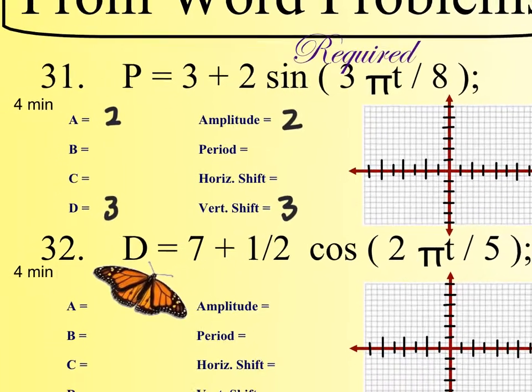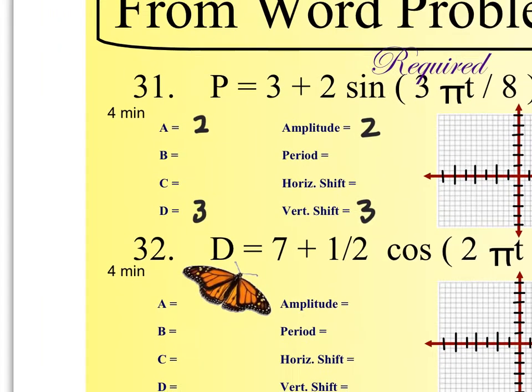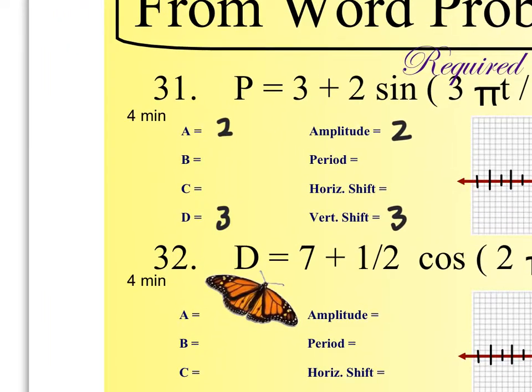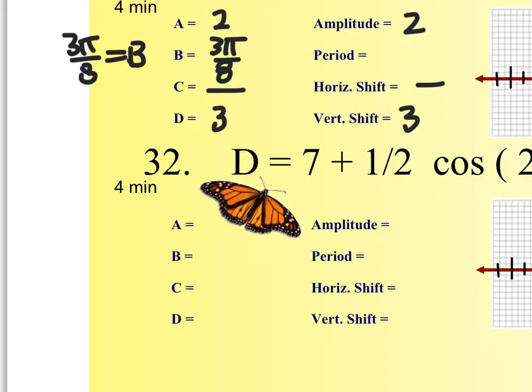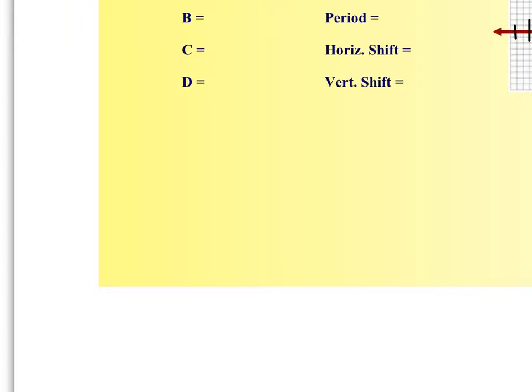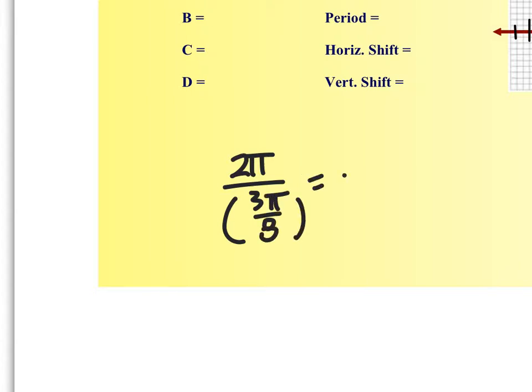Okay, so I get a 2 here. It doesn't look like I have a horizontal shift going on there. So I've got a little bit of work to do. I've got 3 pi over 8 equal to b. I don't have a horizontal shift, so I don't have to worry about that at all. Let's go down here for a second. 2 pi divided by b equals the period.